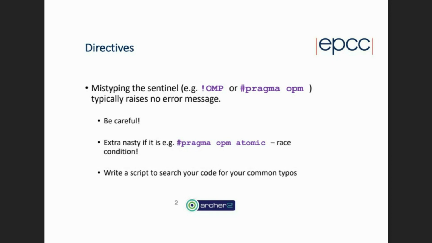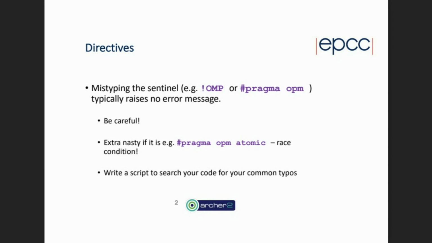It's extra nasty if it's... I mean, most of the time, if you mistype OMP parallel do, then you just won't get any parallelism, which is disappointing but not dangerous.